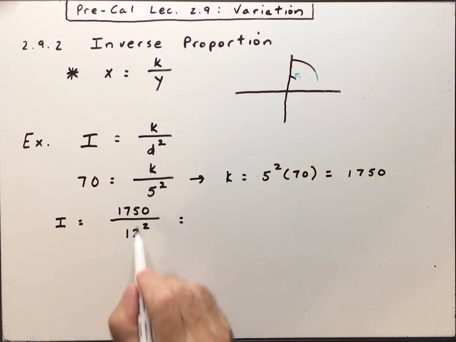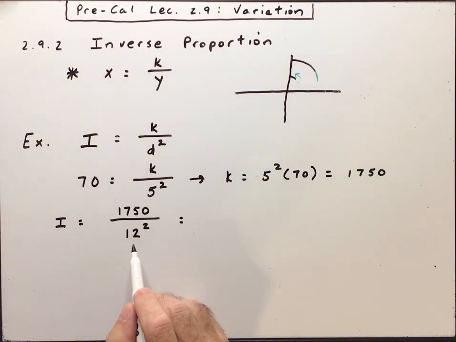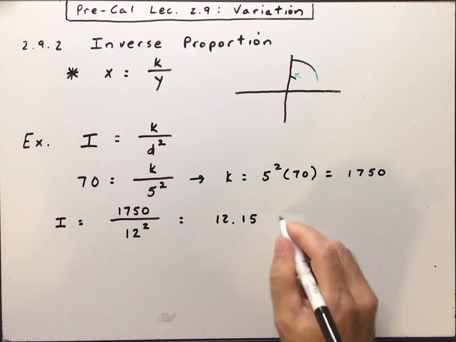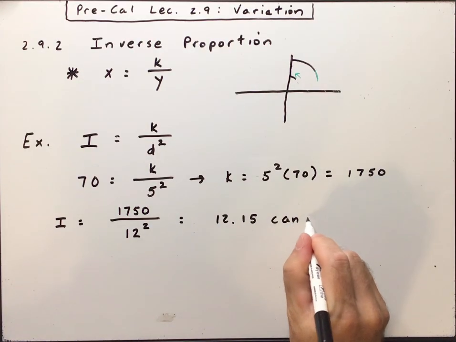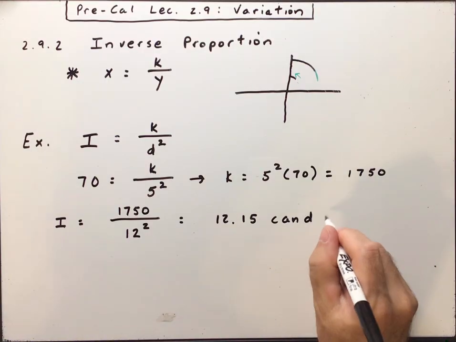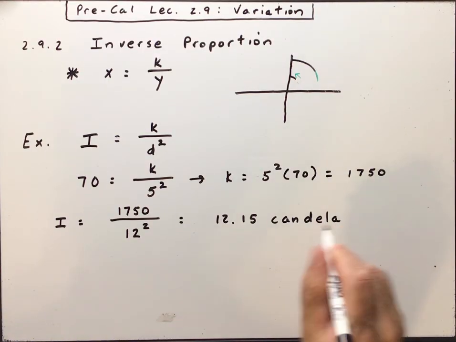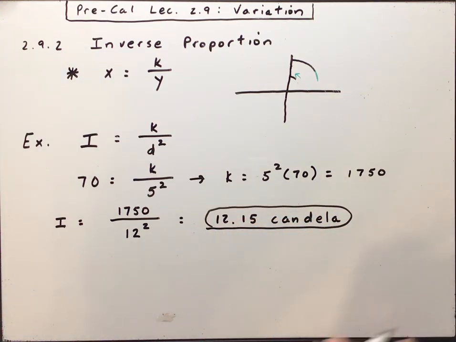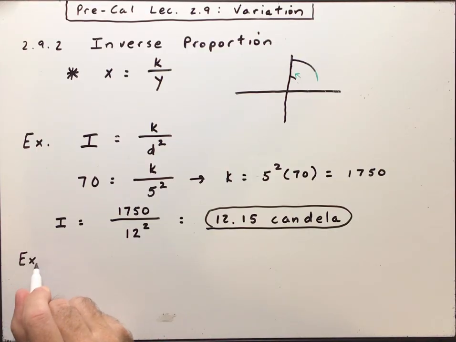So 1,750 divided by 144 is 12.15, and the unit for illumination was given in the problem, candela. All right, pretty cool. Okay, let's see if I can squeeze this last example in and we'll be all done.